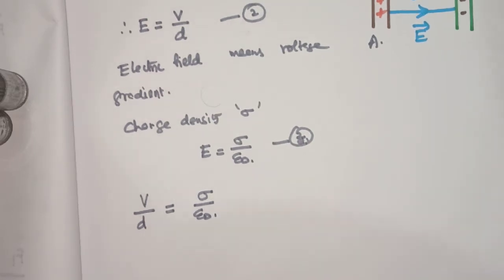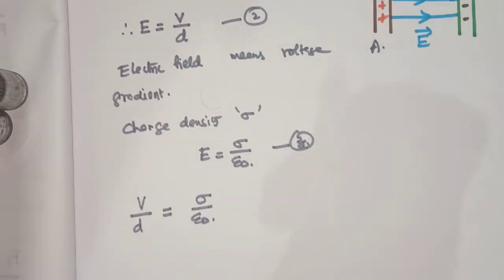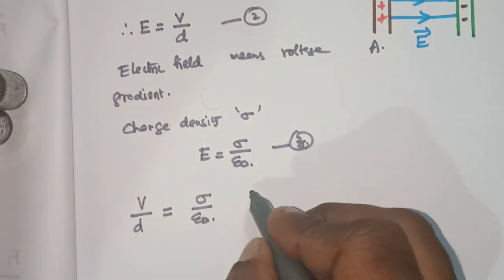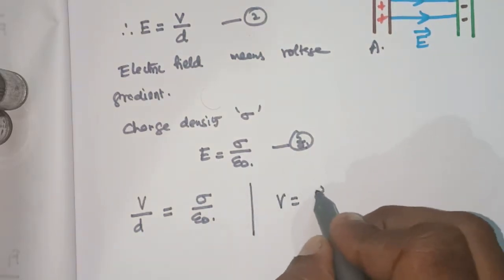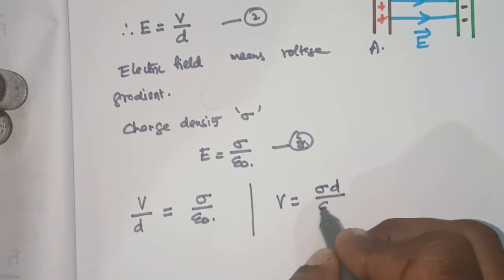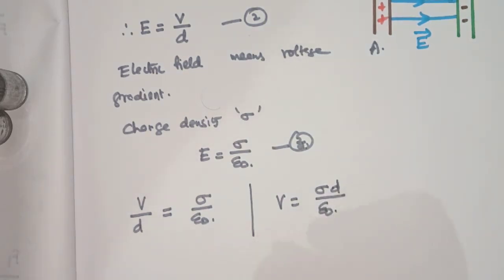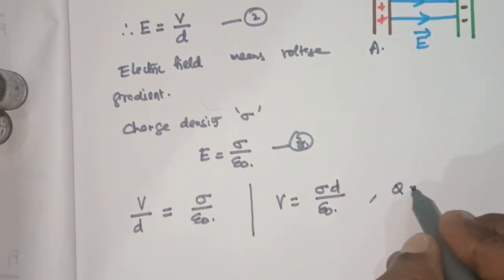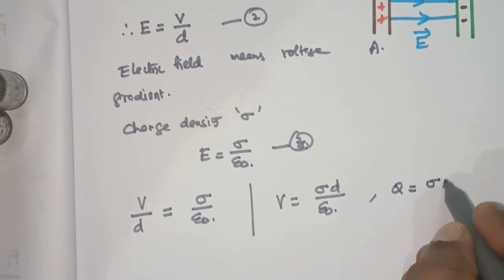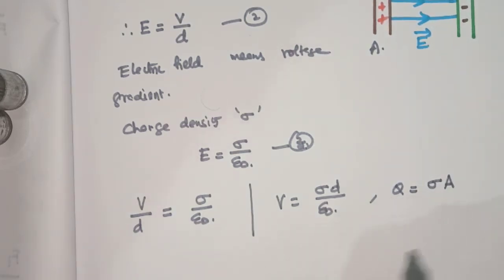Therefore V equals sigma D by epsilon naught. We know that charge Q equals sigma into A, where A is area and sigma is charge density.